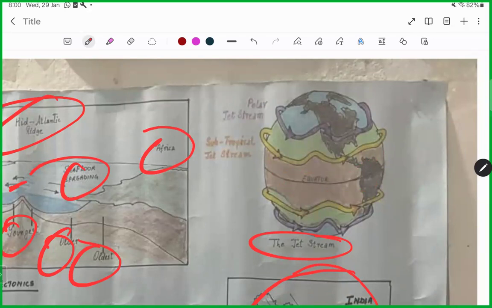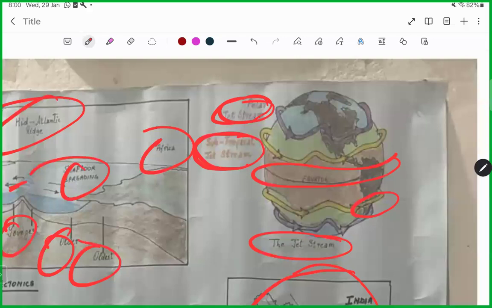Most often they occur as the subtropical jet stream and the polar jet stream. Hence they are known as the subtropical jet stream and polar jet stream, and these two affect the flow of wind.